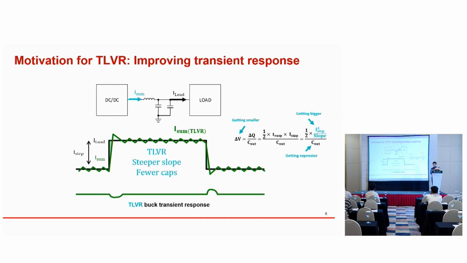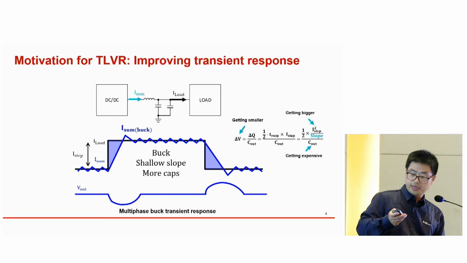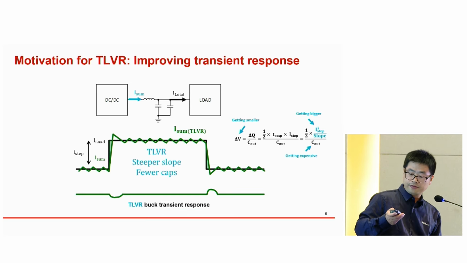Before we go to the details about the TLVR, this slide shows what the TLVR does for us. We can see that the TLVR will enable a faster I slope than the multiphase buck.